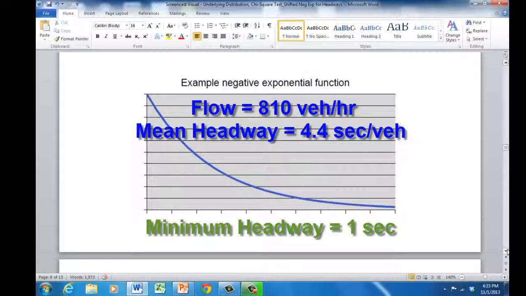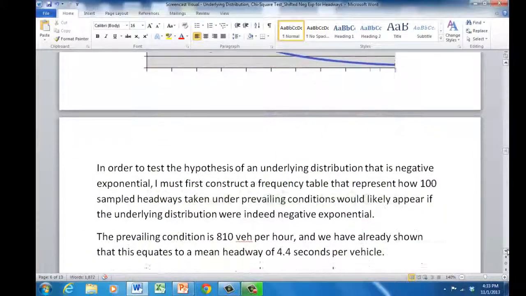So I'm going to specify the minimum headway to be 1 second. Together, the mean headway and the minimum headway is enough information to derive a theoretical sample of 100 selected from a negative exponential distribution with a mean of 4.4 and is asymptotic to 1.